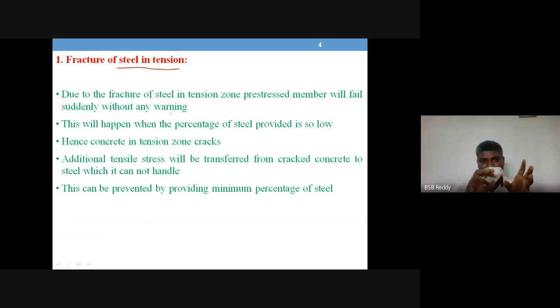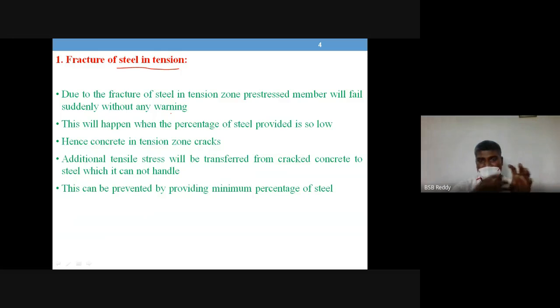In RCC, you have concrete to take compression and steel to take tension. Prestressed concrete, however, is completely under compression, with no tensile stresses. Just for the sake of discussion, let us say we won't allow tensile stresses in prestressed concrete.